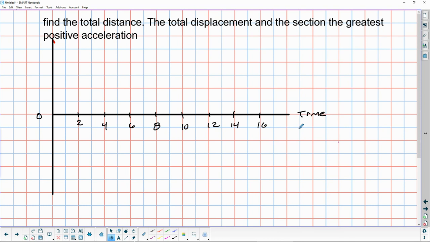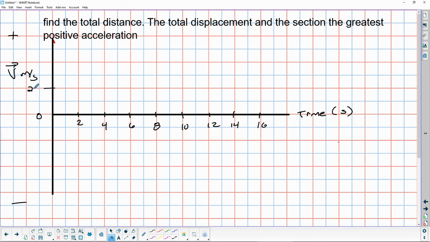Okay, and this time we'll still do seconds. It'll be easier. And we'll call this our velocity in meters per second. This will be our positive velocity up here. This will be our negative velocity.